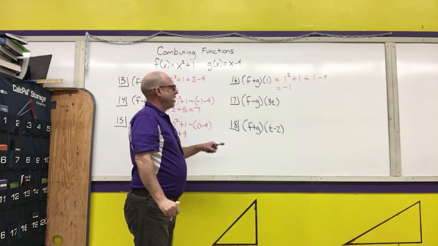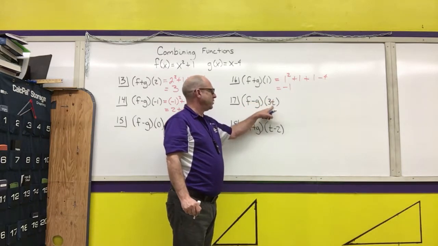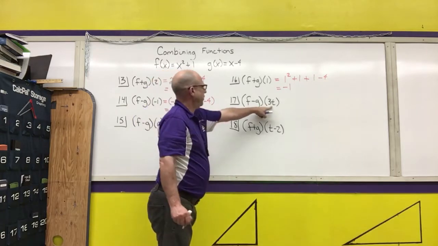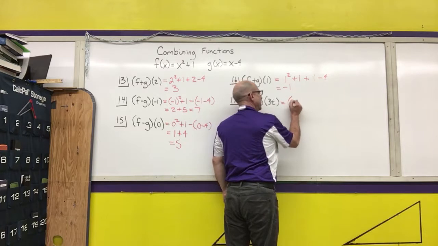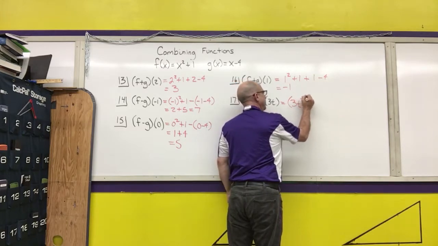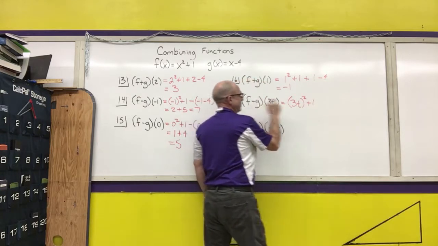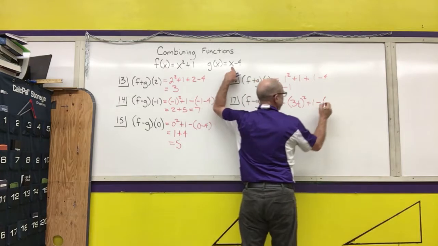For the last two, I'm not going to end up with just a numeric answer. I'm actually sticking a function into both of these functions. So here I'm going to stick a 3t in for x into the first function. 3t, quantity squared, plus 1, minus the entire function where I stick 3t in for x here.